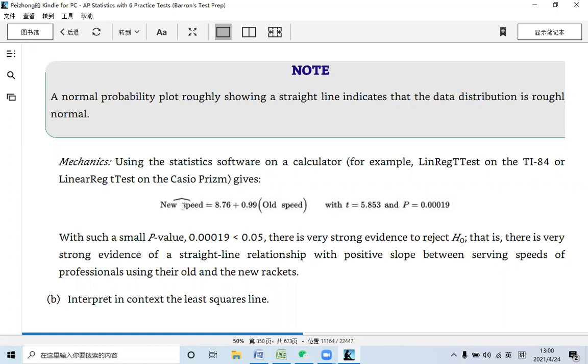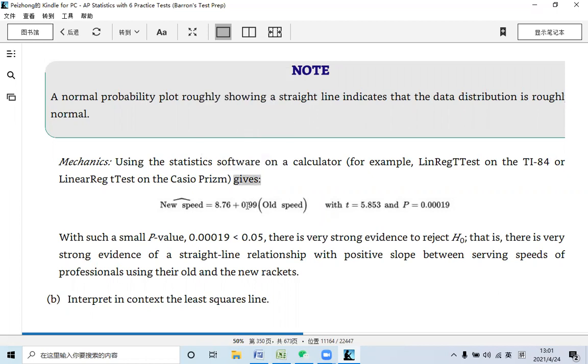The predicted variable, also called the dependent variable, is the new speed. This is the predicted speed when you are using the new racket, and then the old speed. That is the speed of your serving using the old racket.